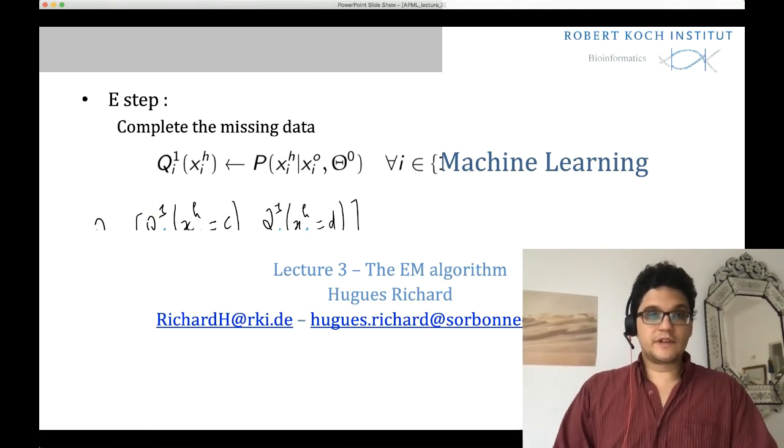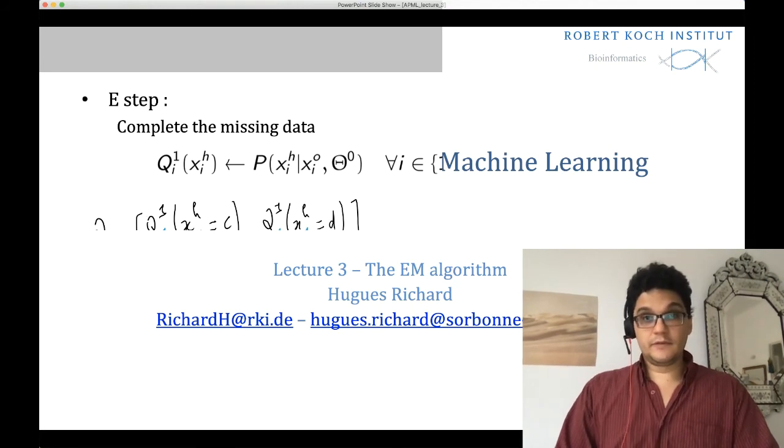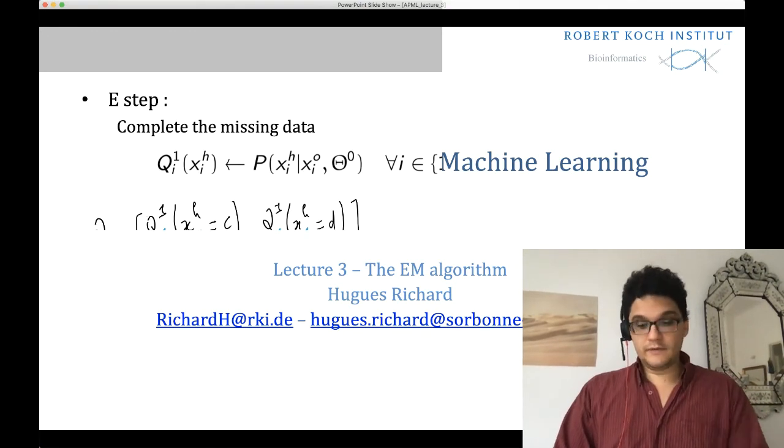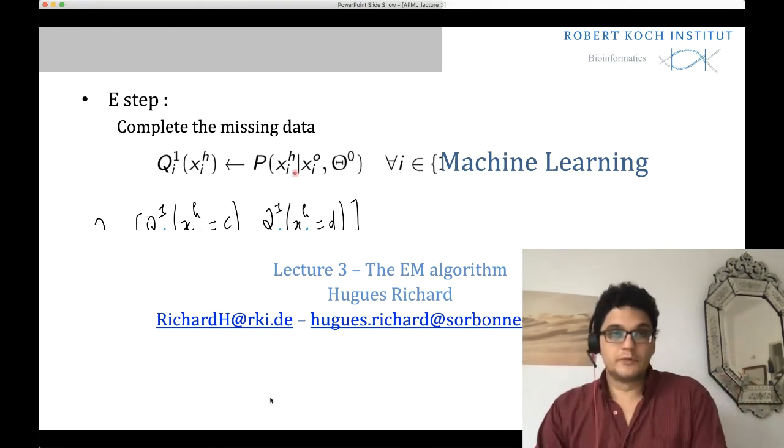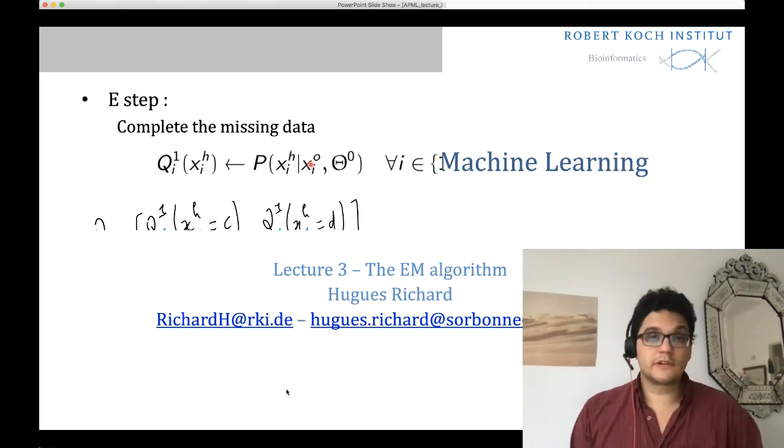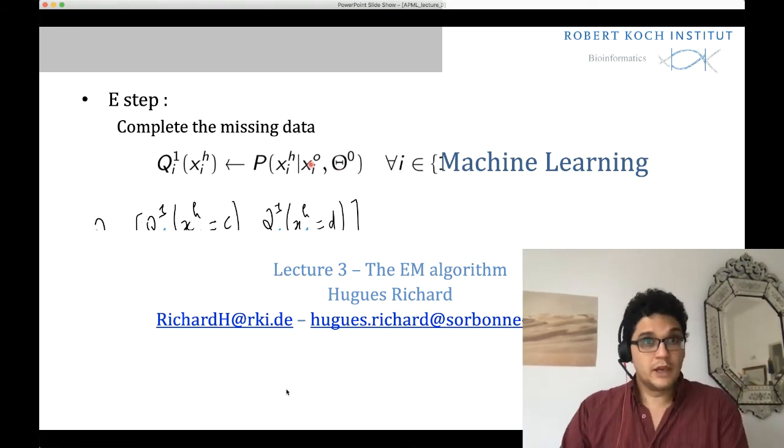For the first observation, the probability that it's equal to C and the probability that it's equal to D. For the second observation, the probability that it's equal to C, given the observation, so given that we have a B, and the probability that it's equal to D, given that we have a B. So how do we compute those values? We saw that in the 2 first lecture. We'll just use Bayes' rule.